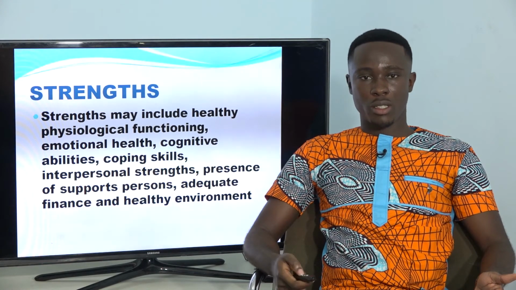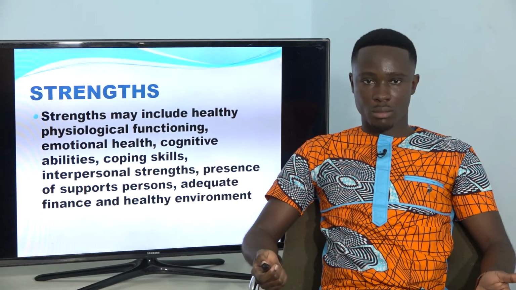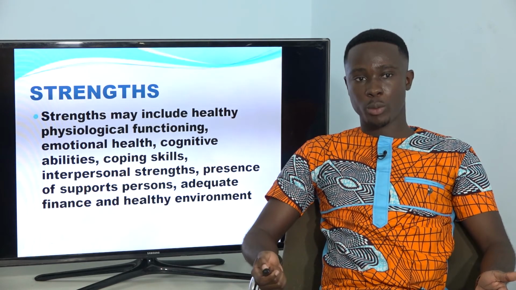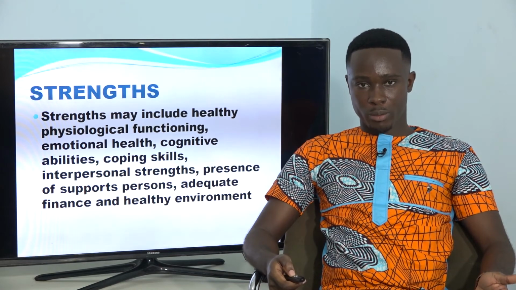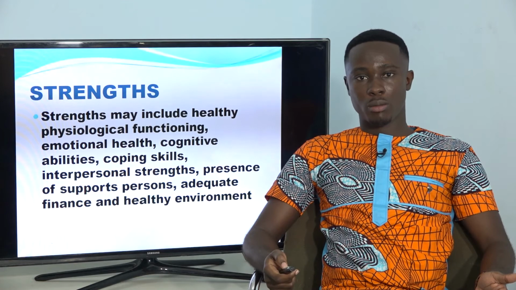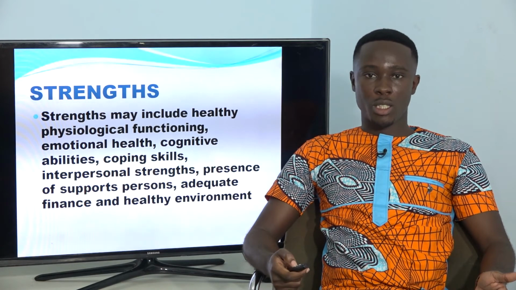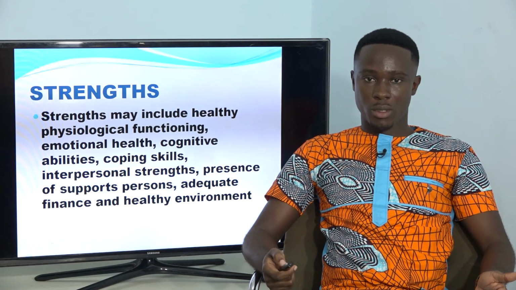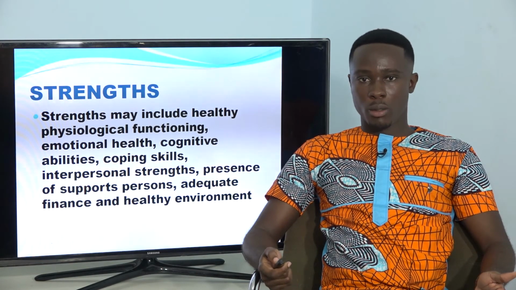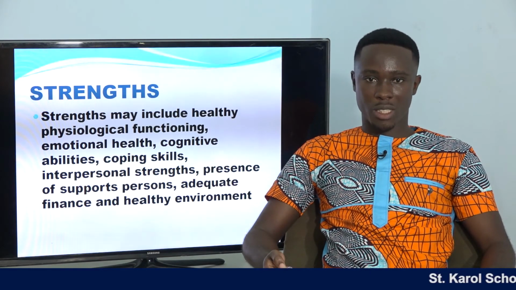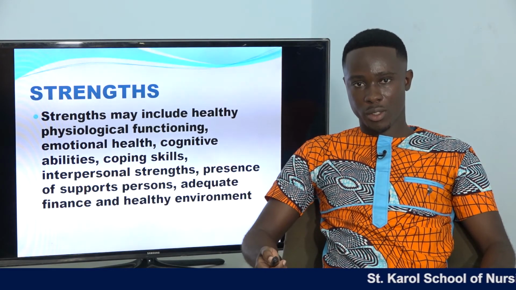And strengths. Strengths are things, or what you can do, to help solve the problem. The strength may include healthy physiological functioning, emotional health, cognitive ability, coping skills, interpersonal strengths, presence of support persons, adequate finance, and healthy environment.